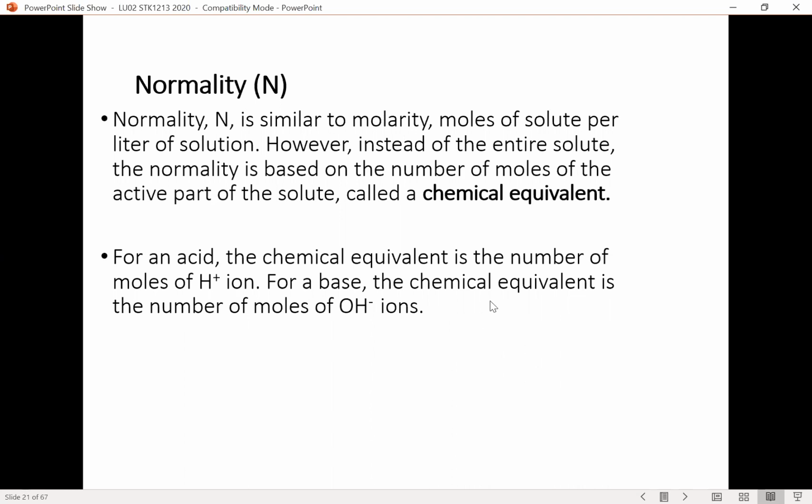Let's say we deal with hydrochloric acid. The chemical equivalent refers to the moles of H+ ion in the HCl, not the whole HCl. That is normality.